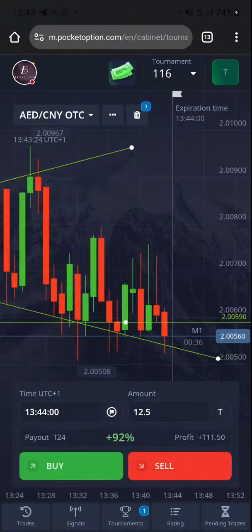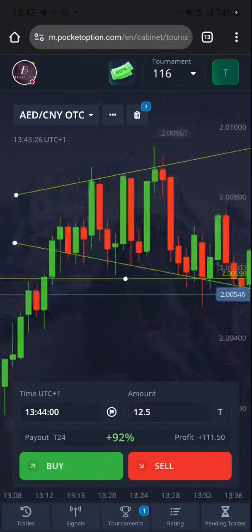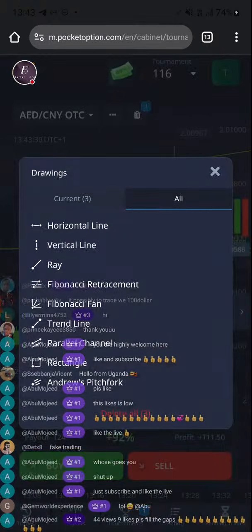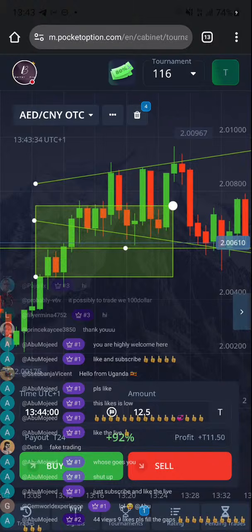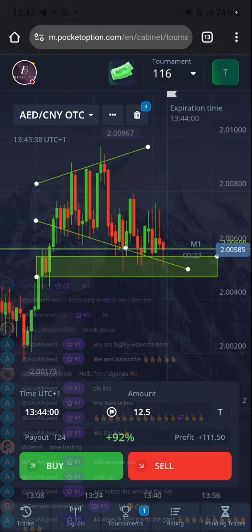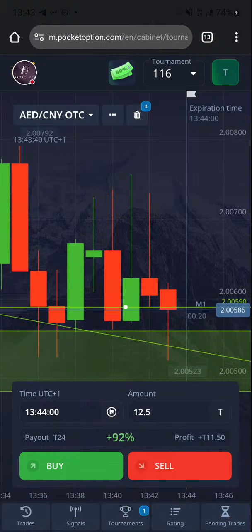Let me see. But we need extra confirmation because we have a demand area down here. Look at this. We have it, and that's why the buyers keep rejecting this price.